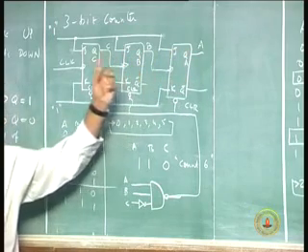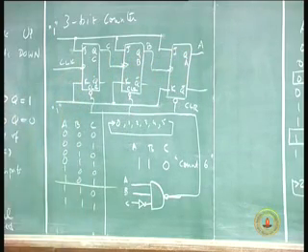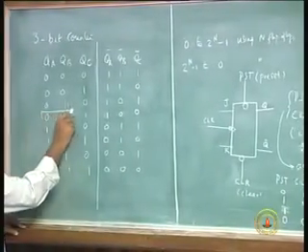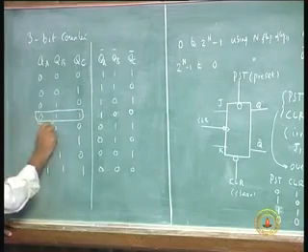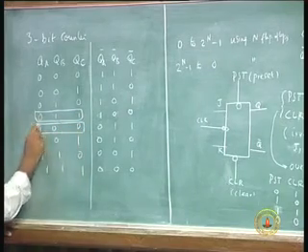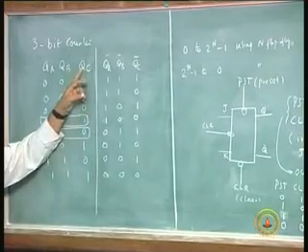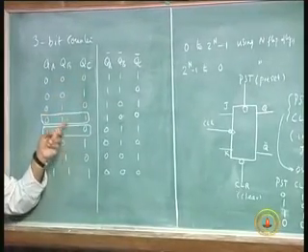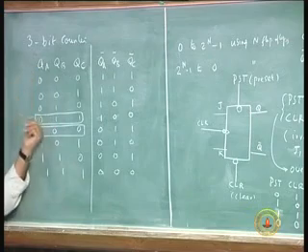So when a count, let us go through this. Supposing I have this count, and I am applying the clock here, the next count is this. The C flip-flop has to become from 1 to 0, the B flip-flop has to become from 1 to 0, the A flip-flop has to become from 0 to 1.